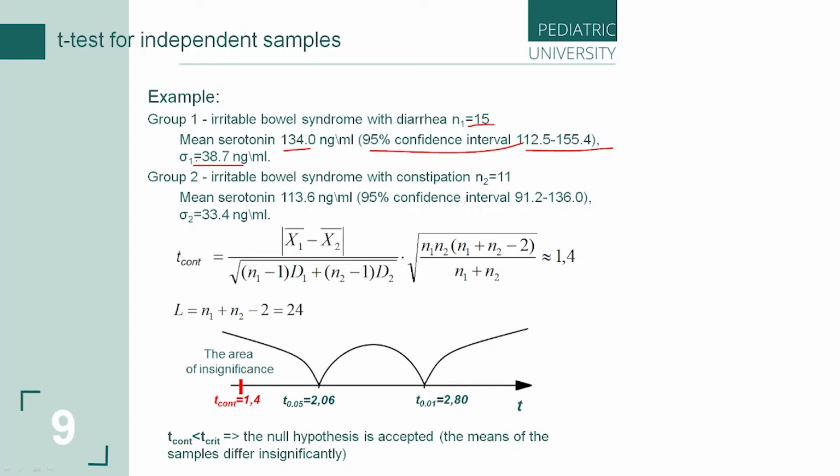The second group is a sample of patients with irritable bowel syndrome with constipation. There are 11 people in this sample. Again, they also have the mean serotonin value calculated, the 95% confidence interval, and the standard deviation too.